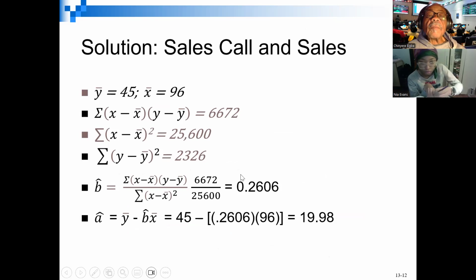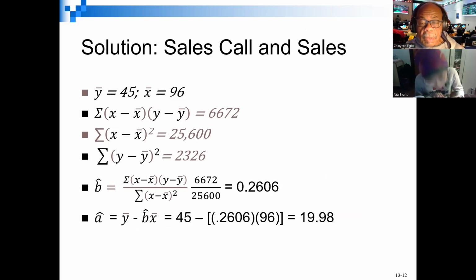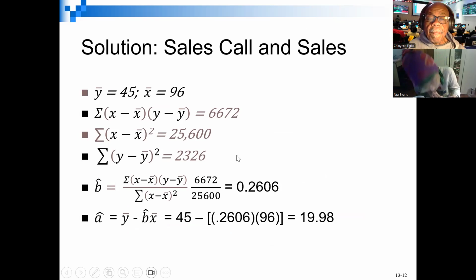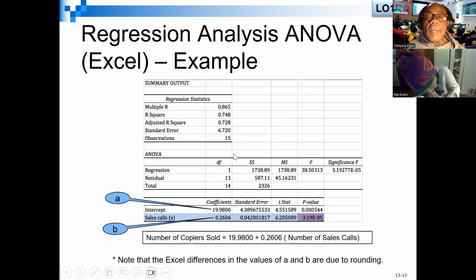And then we also estimate the nature of the relationship, which is, is it a positive relationship or is it a negative relationship? So the more calls a salesperson makes, the more sales they will have. So in this case, the sign of B is positive, and so we have a positive relationship.